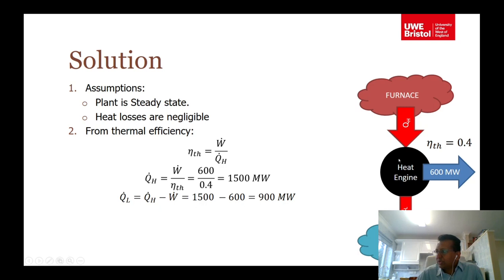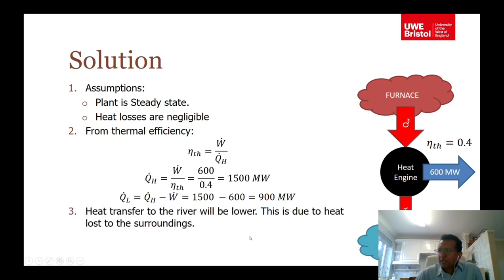So 1,500 minus 600 is equal to 900. So 900 is your heat lost. So this is due to the heat lost to the surroundings.